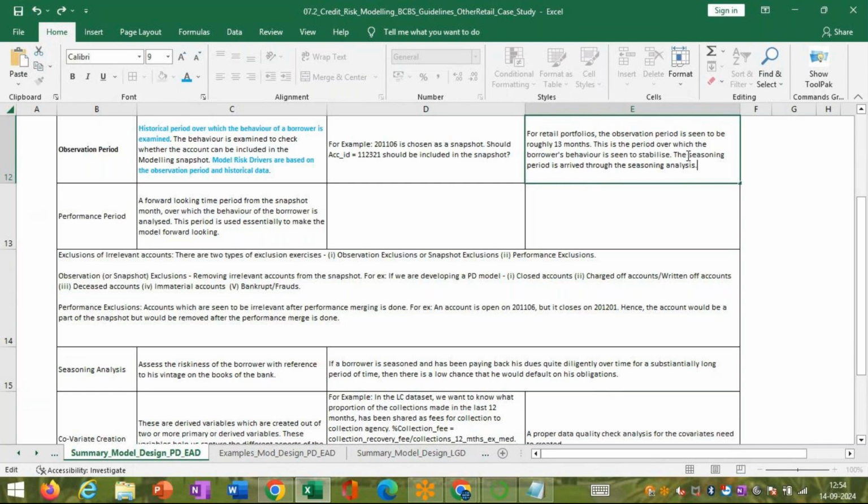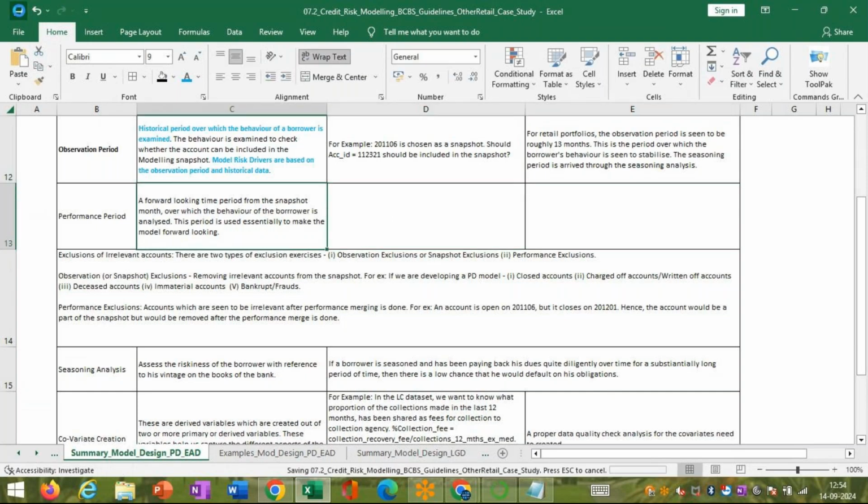Right. So over here, remember one thing, that when we are talking about these exclusions, like seasoning analysis and all, there is a question that often comes up in the interview: what is the difference between seasonality in observation snapshots, seasonality in modeling snapshots, and the concept of seasoning in modeling snapshot. Interviewers often try to trick you with questions on seasoning and seasonality.